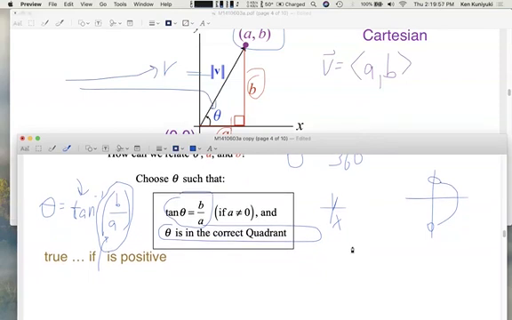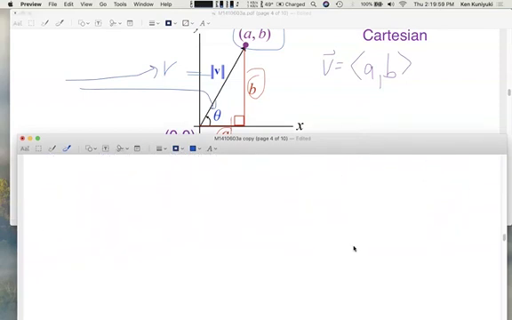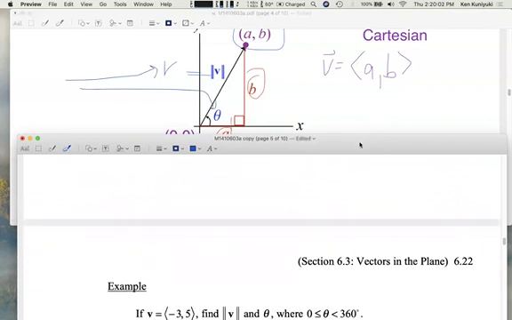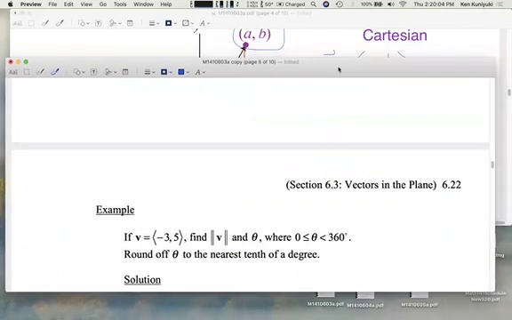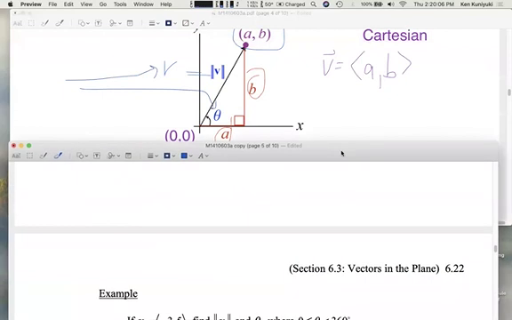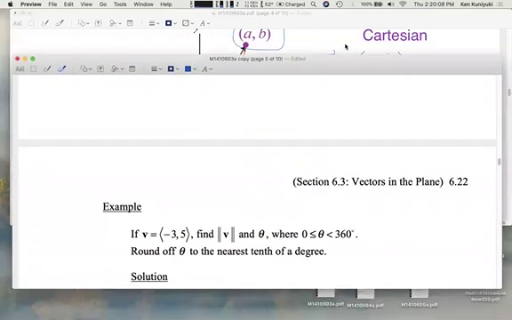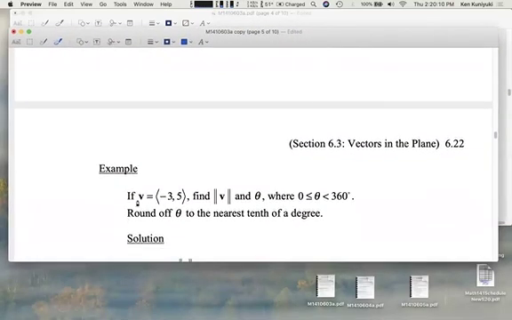All right, so let's do an example. Let the vector v, remember, if you're writing it, you might want to write it like that. I'm bold-facing it here. Let the vector v be represented by angle brackets, -3, 5.